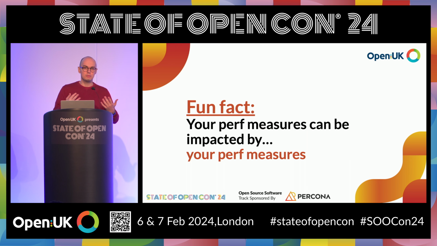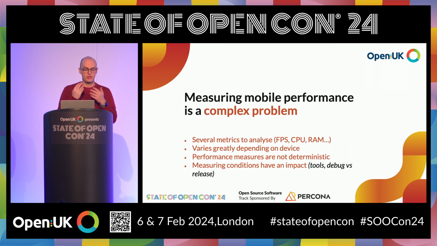And luckily, it tells you that your memory usage will be higher, but basically the tool that you use to profile the performance of your app can also have an impact. And yeah, basically you need to be wary of measuring conditions to make sure that you draw the right conclusions when doing performance experiments. So just for simple reasons, I could have detailed a lot more, but just showing that measuring mobile performance is a complex problem.